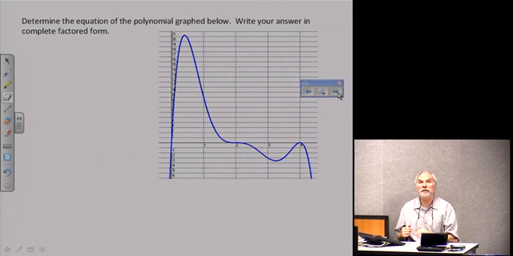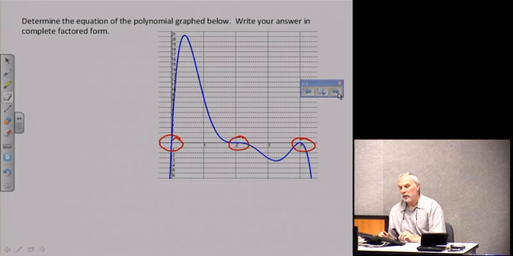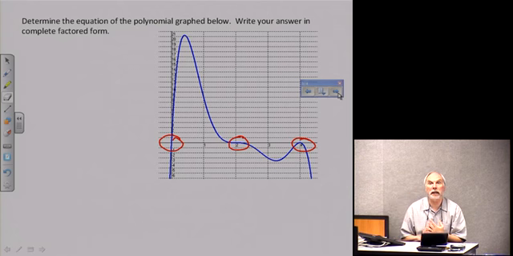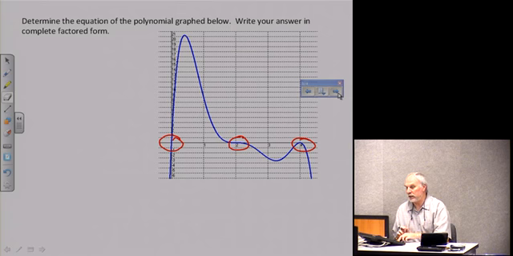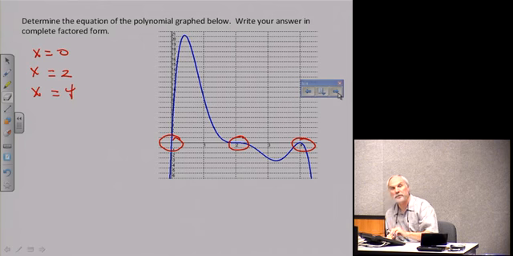If you take a look at this graph, there seems to be an x-intercept here, an x-intercept here, and an x-intercept here. So it looks like we've got an x-intercept at x equals 0, an x-intercept at x equals 2, and an x-intercept at x equals 4.